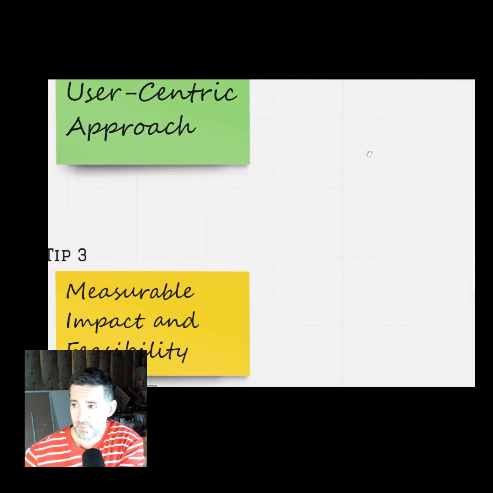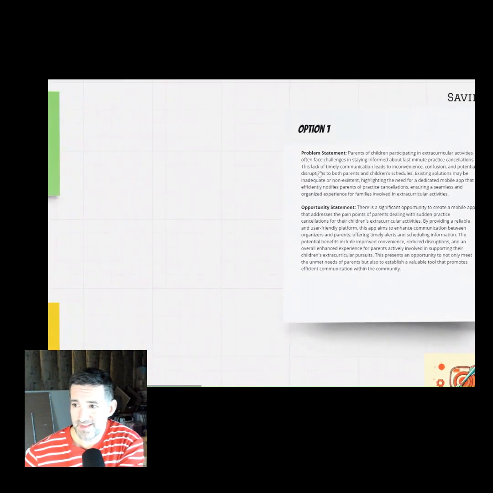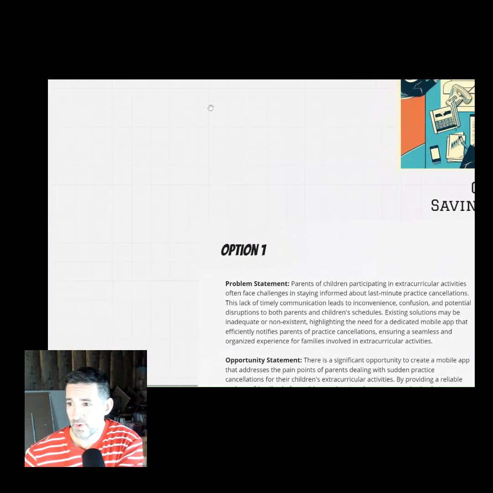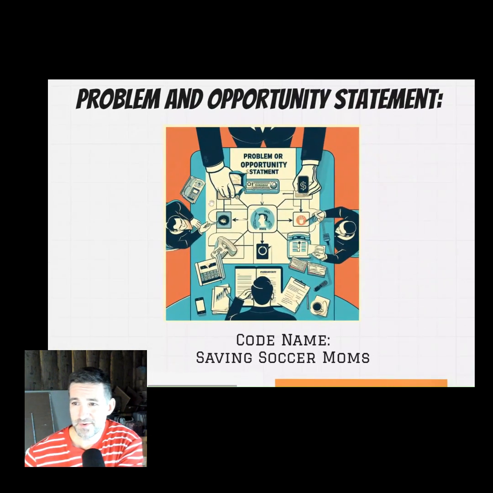What I'm going to share with you right now is a problem statement that I have been working on for a client of ours. The code name for this particular application is Saving Soccer Moms.